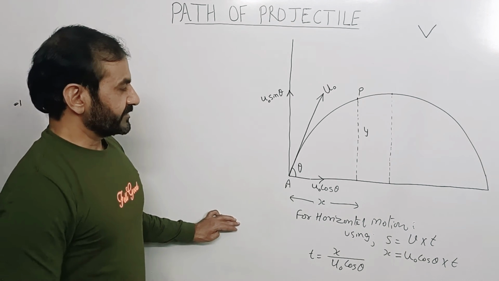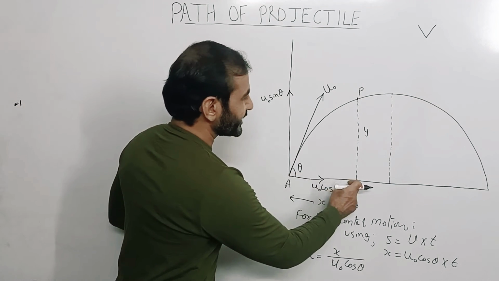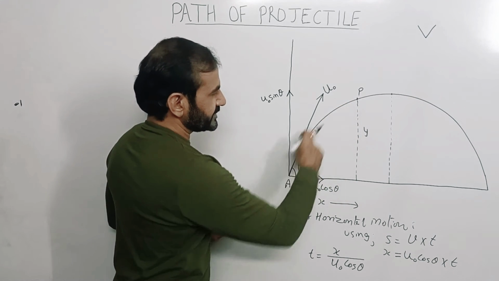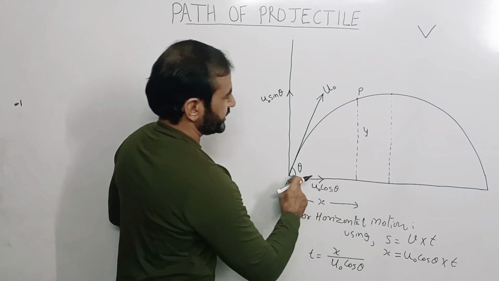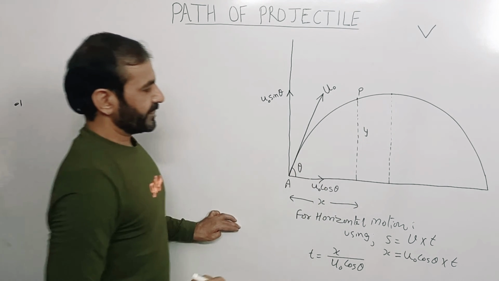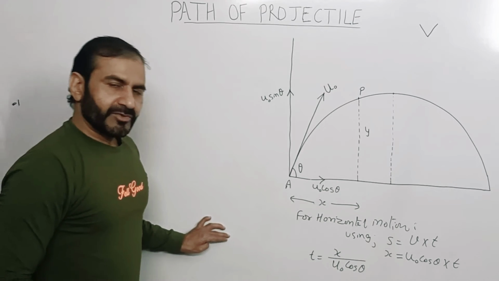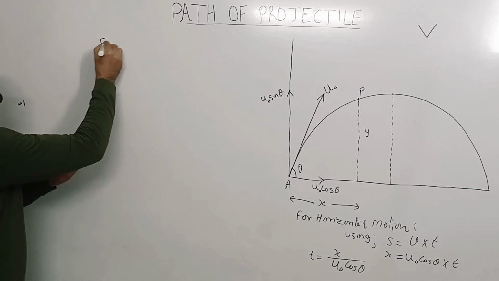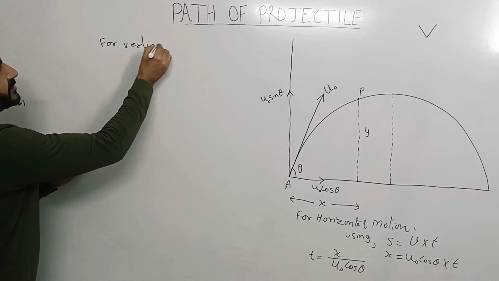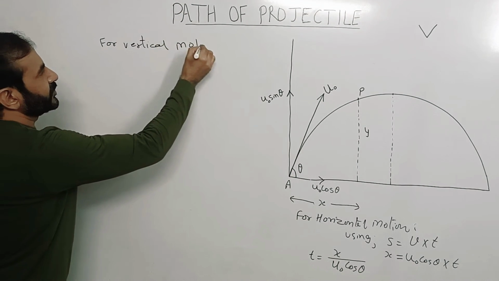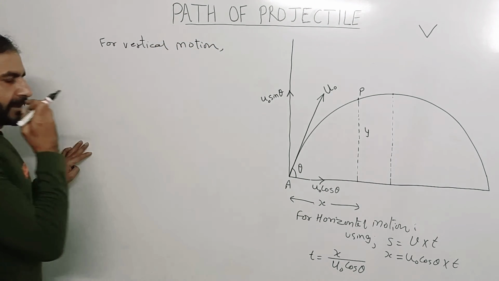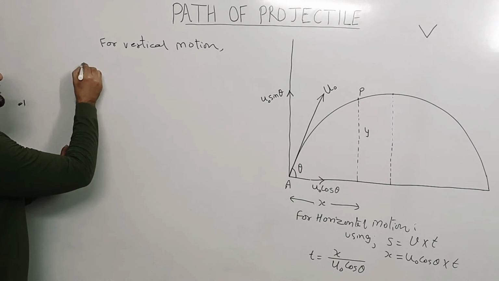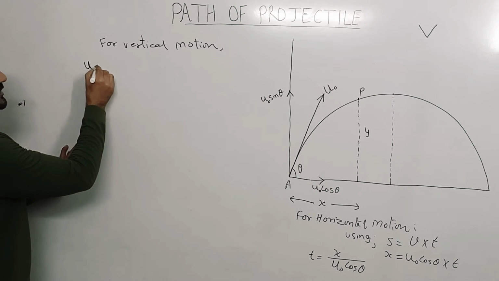And this is the time in which the same body covers vertical distance y. Body is coming in t time from A to P, and in this t time it covers horizontal distance x and vertical distance y. Now we will take vertical motion, which is accelerated motion. For vertical motion, then what is u, initial velocity for it?